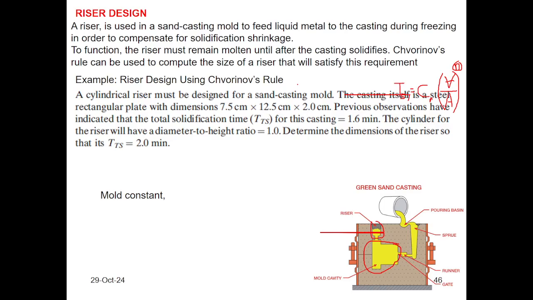Okay, and then, you already studied this example. In the example, the thing to highlight is that the total solidification time for the riser is 2 minutes, but the solidification time for the mold cavity is 1.6 minutes.